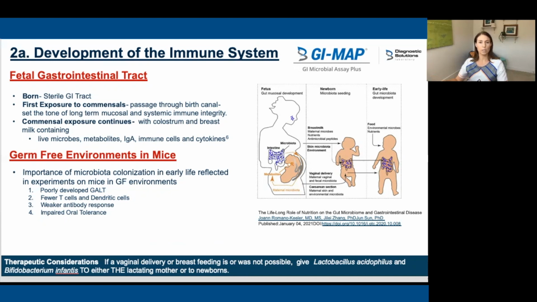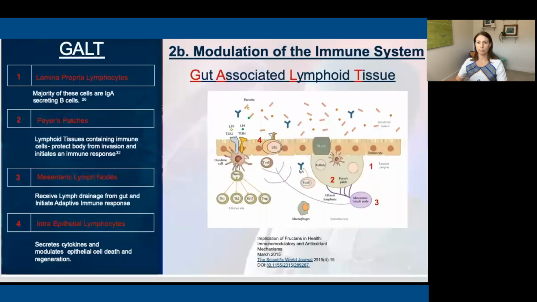Not only do these commensal bacteria help with the development of our immune system, but after that initial exposure and the development has taken place, the commensals are also going to help with the modulation of our immune system. The GI tract is the primary site of interactions between microbes and the host immune system.